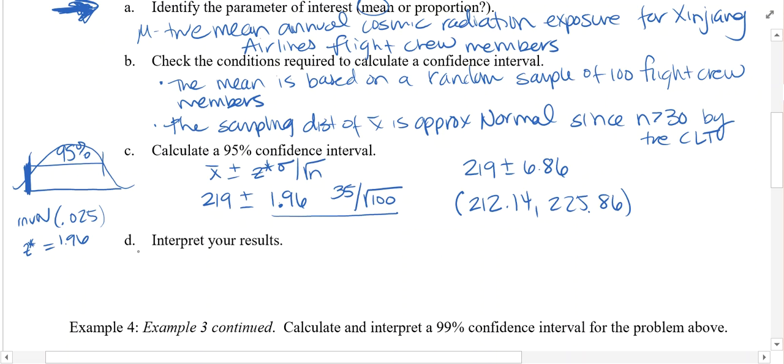The big thing to this chapter is also being able to interpret your results. We don't just find the confidence interval, we're going to write it in a sentence. And this sentence is kind of like a formula.